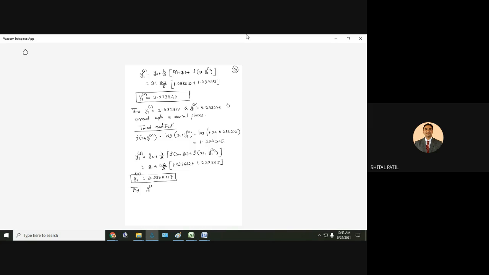Thus y1 raised to 2 is 2.233242 and y1 raised to 3 is 2.2332117, which is correct up to 4 decimal places.